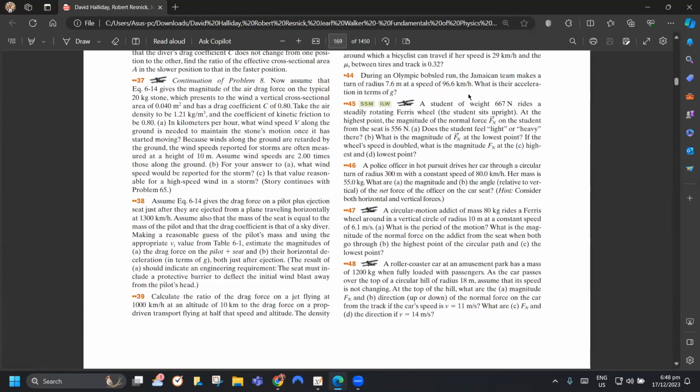So the ratio is D_jet over D_propeller. Same, it says.